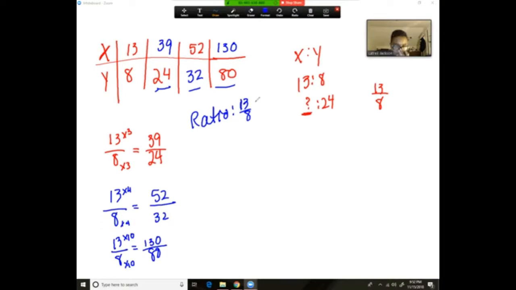Why? Because 13 doesn't have any common factors with 8, and it's just in simplified form. That's the reason why. And it represents the simplified version of the rest of the fractions in the ratio table.